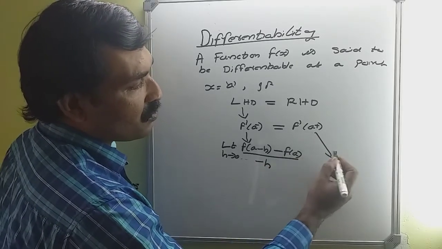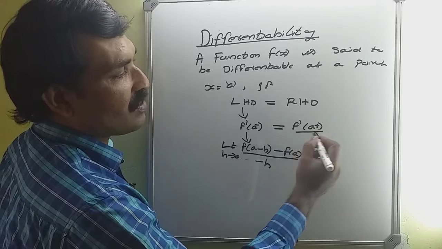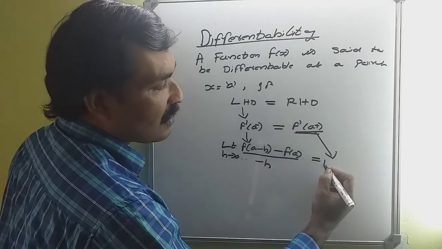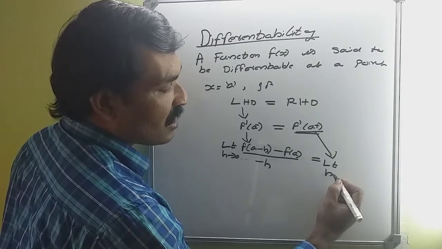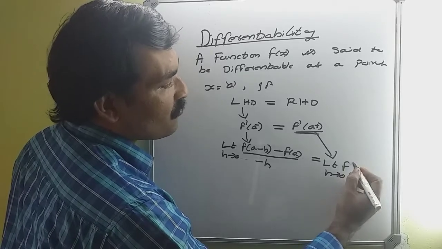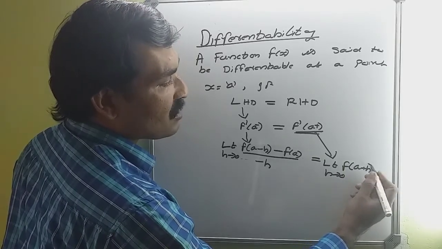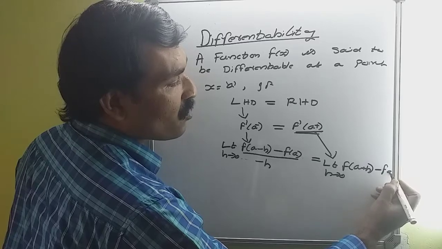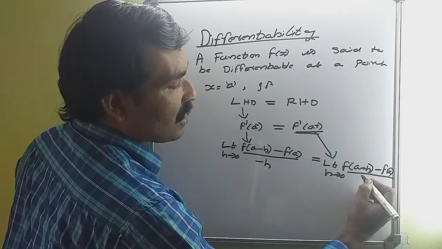This is equal to the right hand derivative f dash a plus, that is limit h tends to 0 f of a plus h minus f of a divided by h.